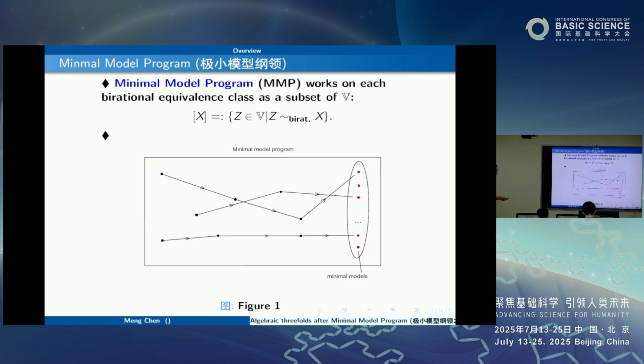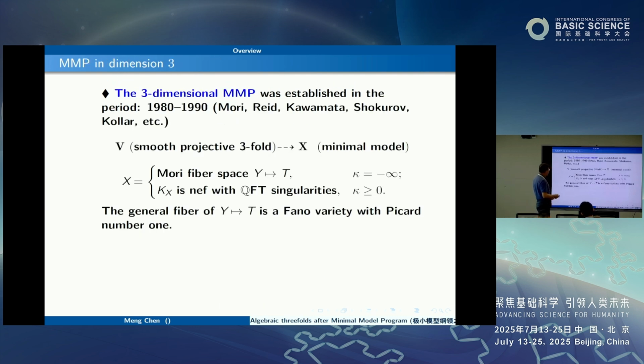Okay, so this is what MMP wanted to do. In dimension 3, this theory was established between the 1980s and 1990, for example by Mori, Reid, Kawamata, Shokurov, and Kollár, and so on. Of course, there are many mathematicians who contributed to this theory.